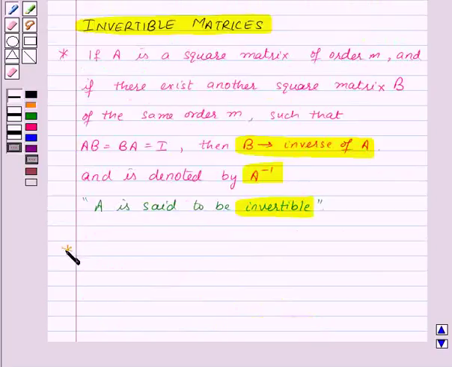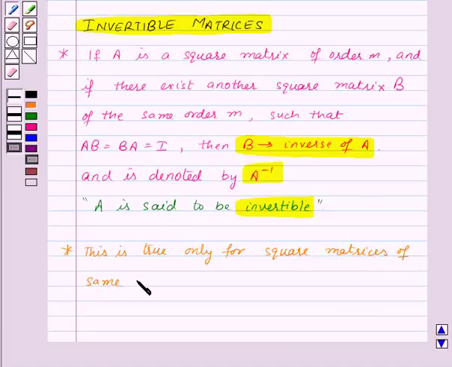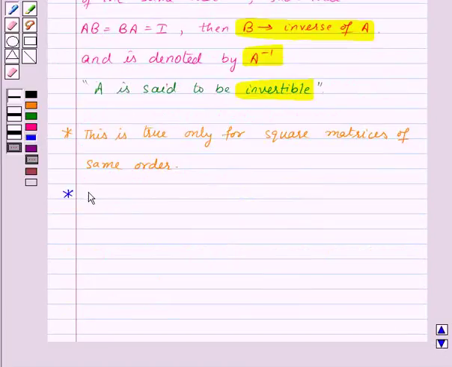Now, this is true only for square matrices of same order. There is one more point to be remembered, that is, if B is inverse of A, then A is also the inverse of B.